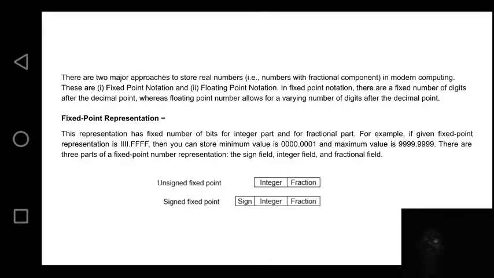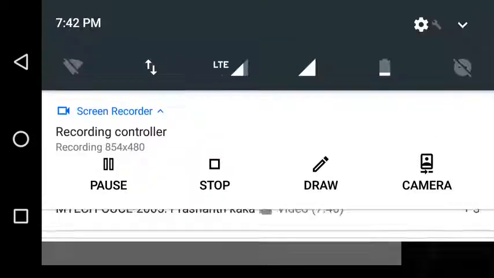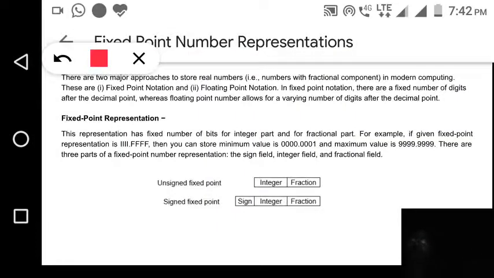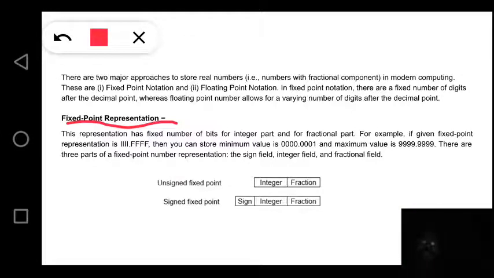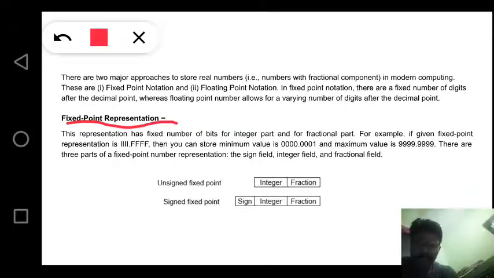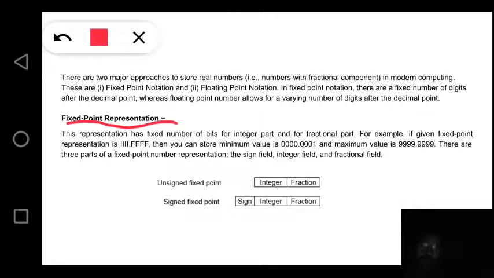Next, first we'll discuss fixed point representation. In fixed point representation, the representation has a fixed number of bits for the integer part and for the fractional part. So even for the integer part the number of digits is fixed, and even for the fractional part, the number of digits is fixed.